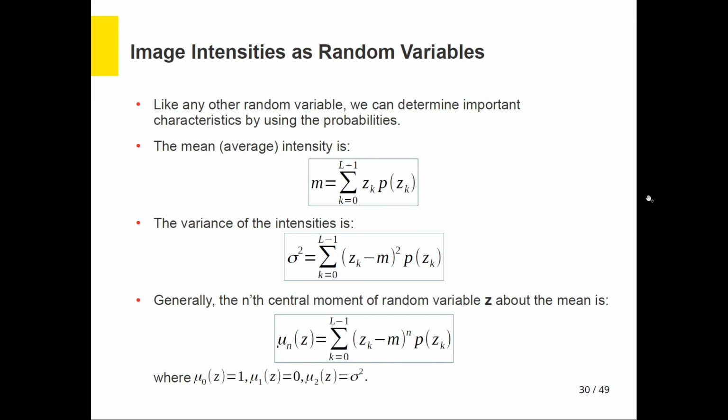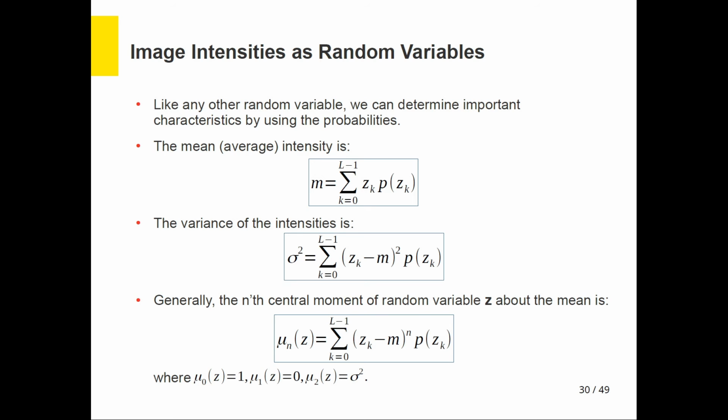Like any other random variable, we can determine important properties of the random variable using these probabilities. So we can define the mean or average of intensity in an image by the summation of individual intensity values multiplied by their probability. We can define the variance of the intensities around the mean by finding the summation of the intensity values minus the mean to the power of 2 multiplied by the probability of each intensity value.